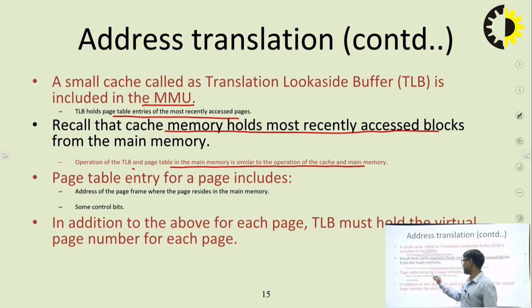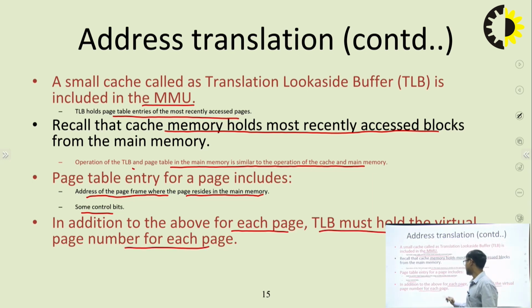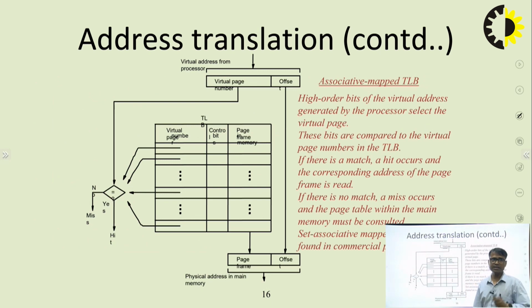A page table entry for a page includes the address of the page frame where the page is residing in the main memory and some control bits. As we have seen in the page table, the page table entries that are part of the TLB will also have the page frame entry and some control bits. In addition to the above, for each page the TLB must hold the virtual page number. Now this is a very important thing. You can see in this diagram that, apart from the control bits and the page frame, it also has a virtual page number.